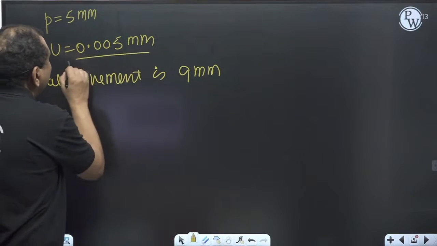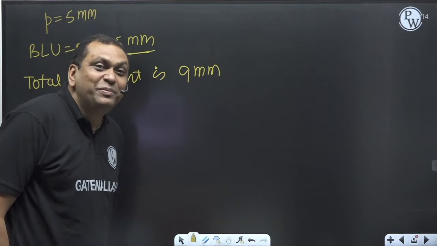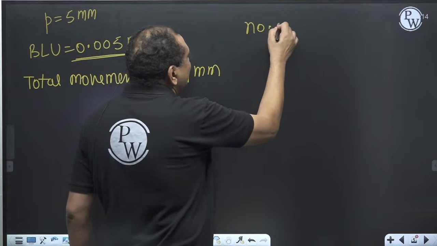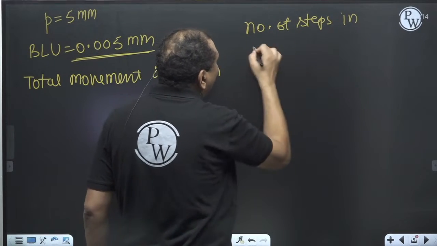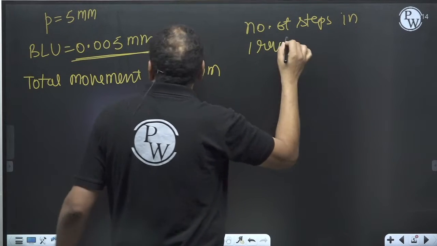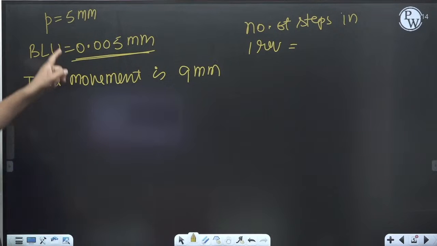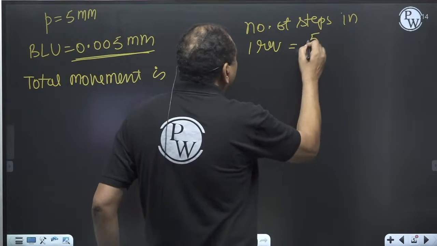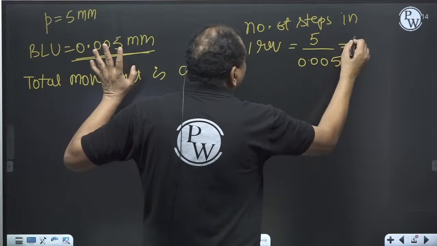BLU is 0.005 mm. So how many steps are there in one revolution? The pitch is 5 mm and BLU is 0.005, which comes out to be 1000.